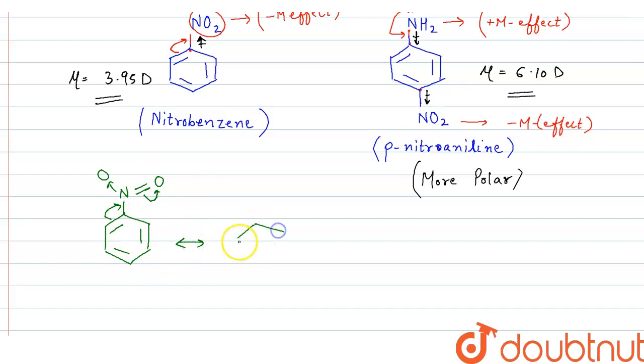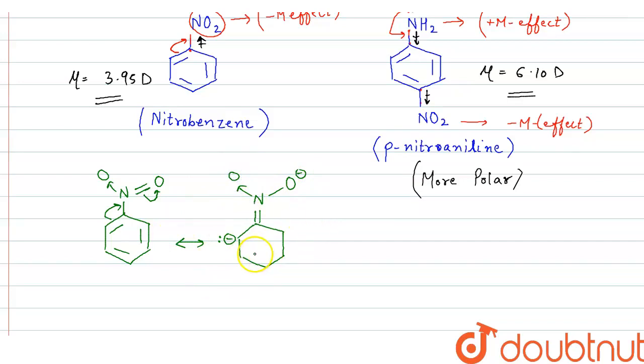So due to that, resonance takes place, and when these electrons are transferred here, we get a negative charge with a lone pair, and here we get a double bond, and here oxygen with negative charge.